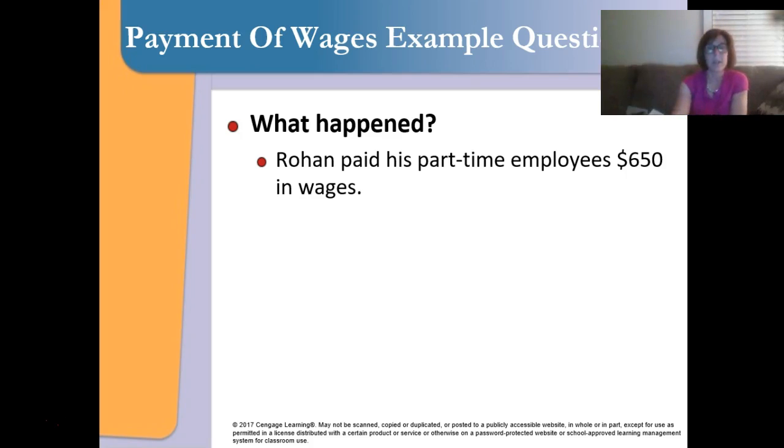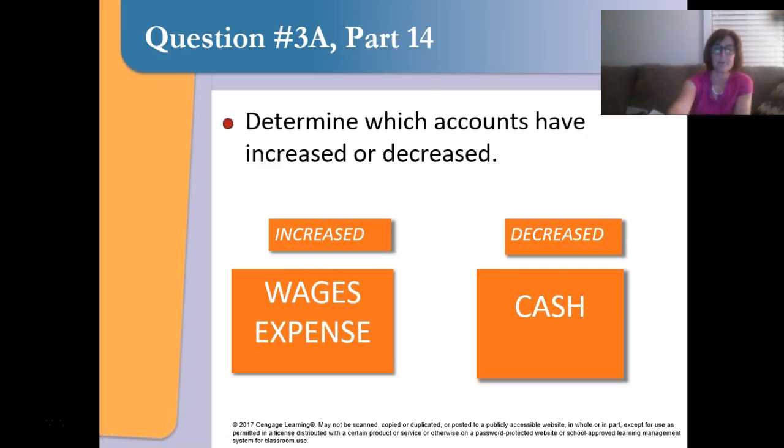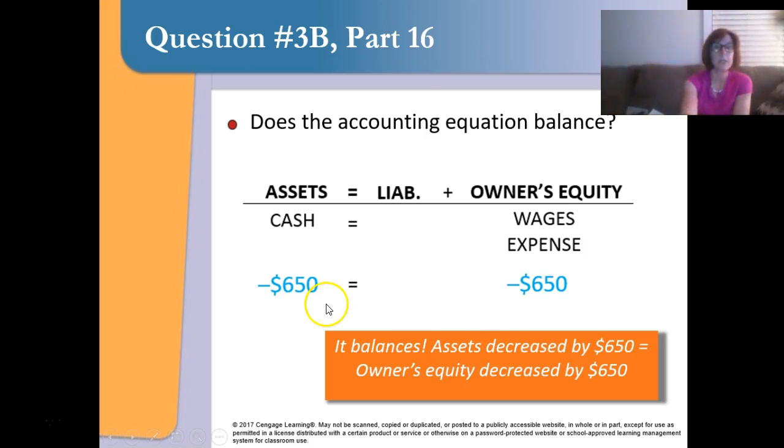Now, Rohan's a busy guy, but he's going to pay his employees $650 in wages. So what accounts are impacted? Wages are an expense, and cash is an asset. So we had an increase in expenses as a result of these wages, and our cash went down. And we still balance.